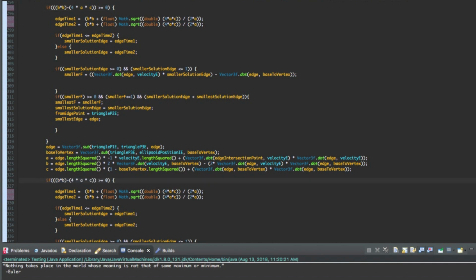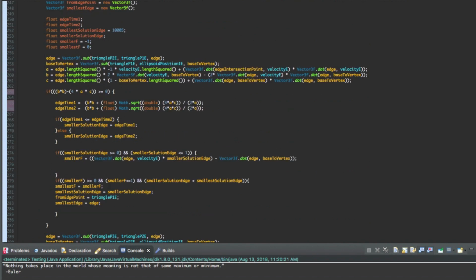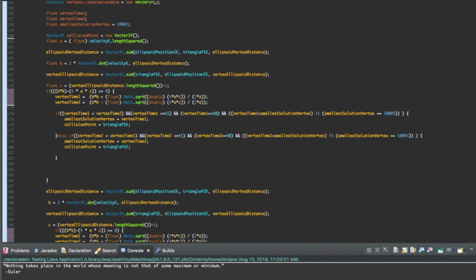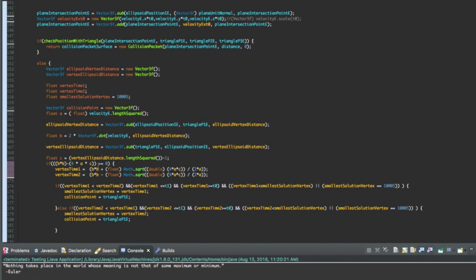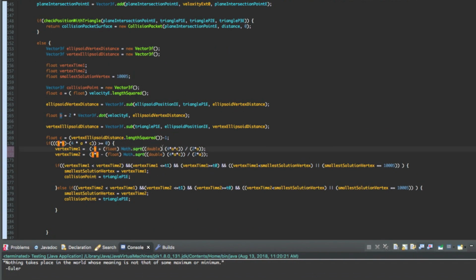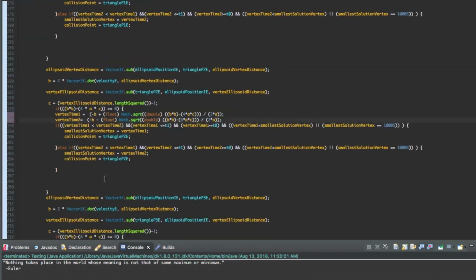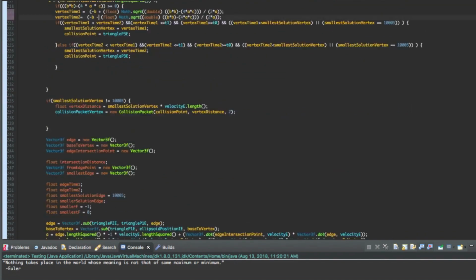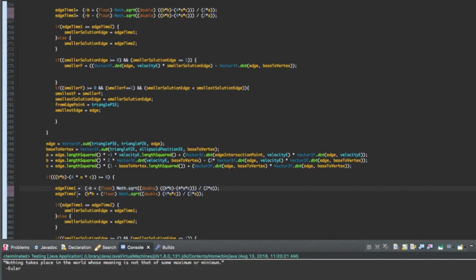So make sure those are all correct. And then also we have to change the formula we were using for our time. So it's negative b, and inside the square root it's b squared minus 4ac. Make sure you get all your terms grouped correctly, and then we'll do that for all of the times, both the vertex times and the edge times.